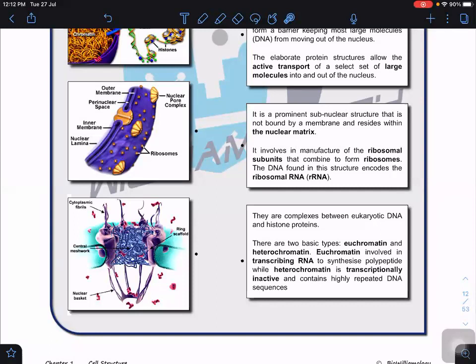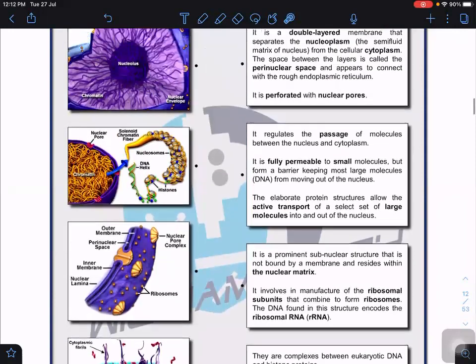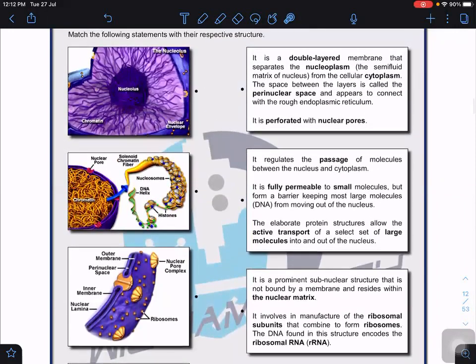Small molecules are fully permeable and have no issue passing through. mRNA has no issue passing through. The ribosomal RNA, rRNA, has no issue passing through, but DNA is too large to pass through this nuclear pore. Okay, so we look at the first statement here.